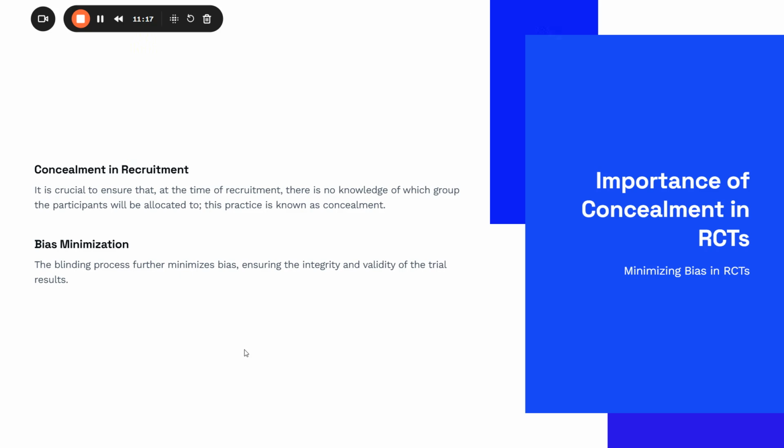To maintain concealment, usually just before the participant is randomized to either the intervention or control group, it is taken care of through sealed envelopes or opaque letters which are given to the participants. Through that only they come to know whether they are in the intervention group or in the control group.